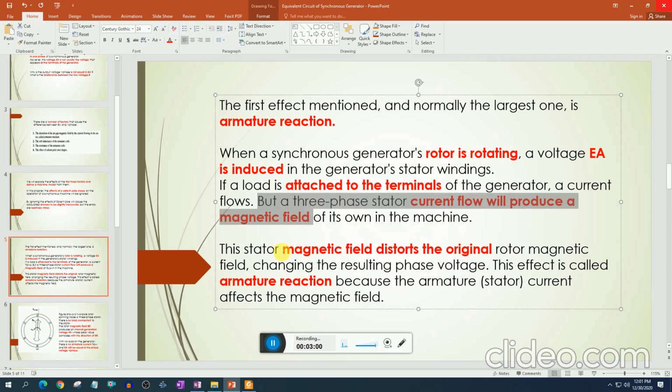This stator magnetic field distorts the original rotor magnetic field and produces another magnetic field, which is B net, as we already studied, the resultant vector sum of BR and BS. This distortion of the original rotor magnetic field is called armature reaction, because the armature stator current affects the magnetic field.